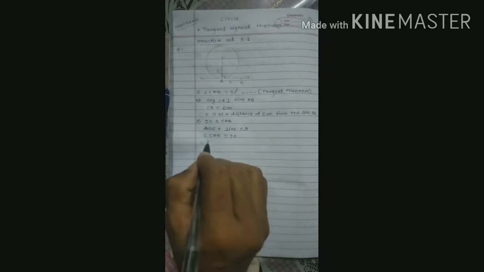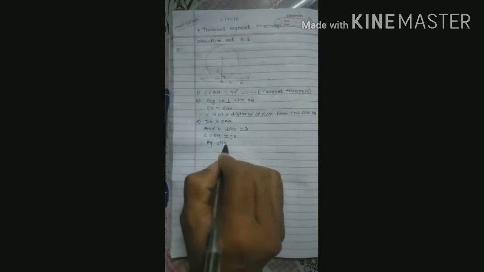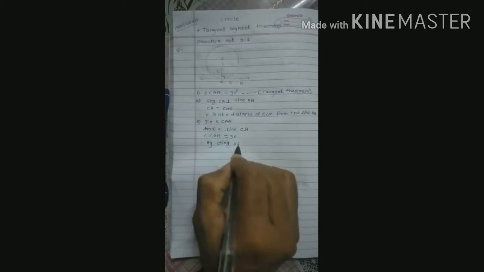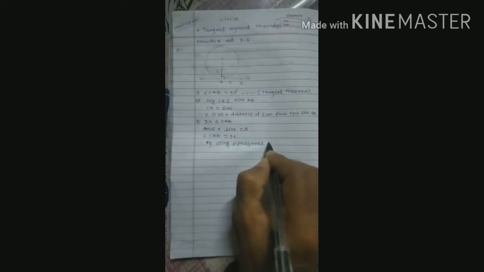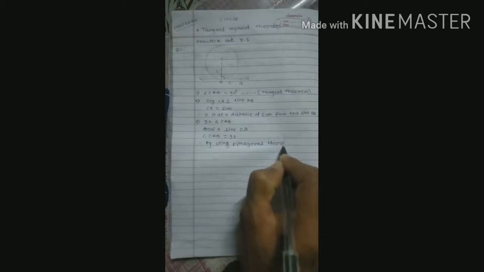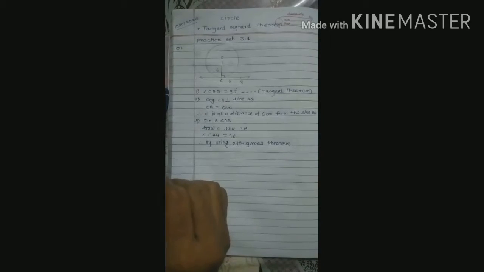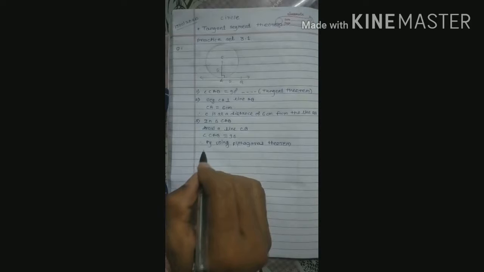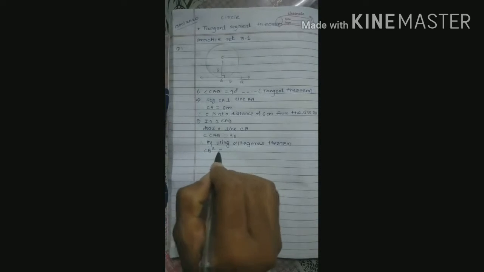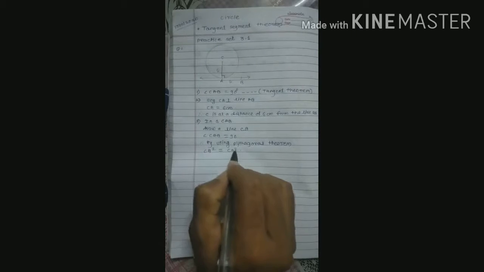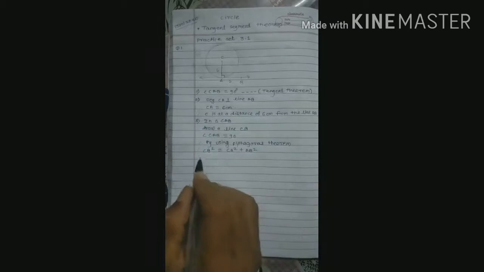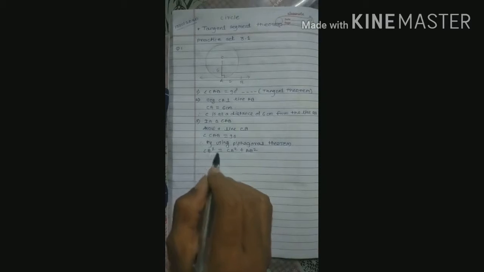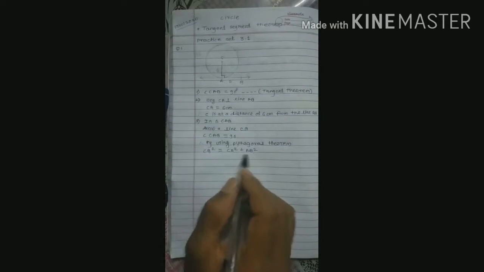Then by using the Pythagoras theorem, BC or CB is the hypotenuse, and hypotenuse square is equal to one side square plus another side square of that given triangle. So CB square is equal to CA square plus AB square.